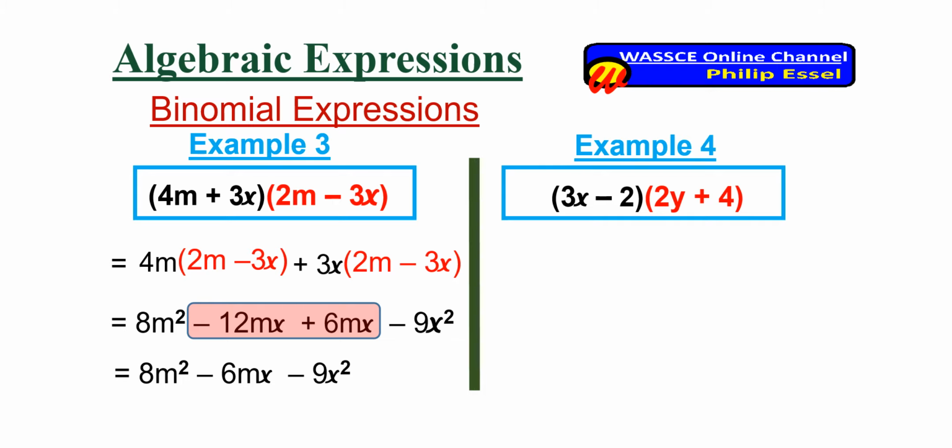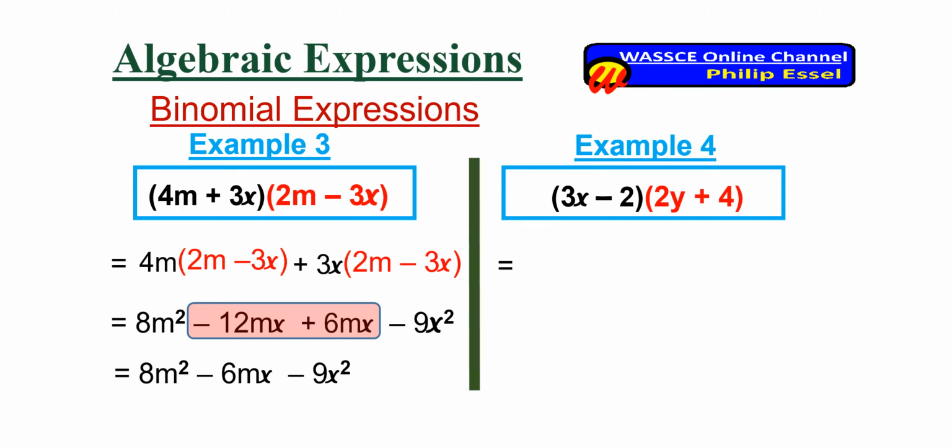Let's look at example 4. In this example 4, we have the binomial expression 3x minus 2 bracket multiplied by the binomial expression 2y plus 4 all into brackets.